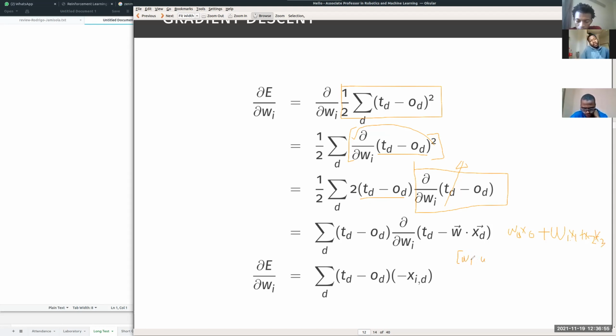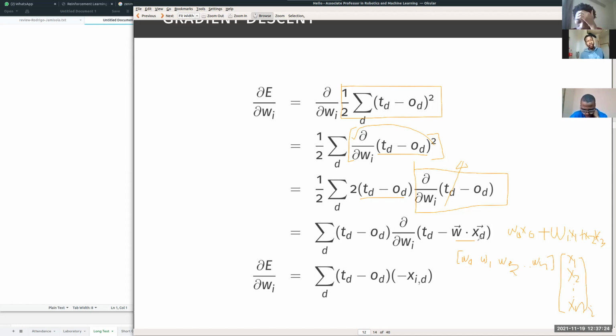If I write it out, this is the dot product of W0, W1, W2, up to Wn, multiplied by X1, X2, and so on up to Xn, of the ith entry there.